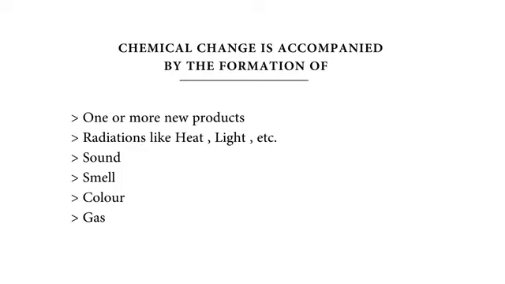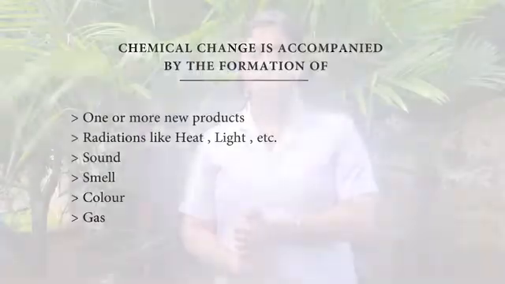Next, formation of heat energy, light energy or any form of radiation. Third, the formation of sound. Fourth, formation of smell. The last one, formation of new gases. So a chemical change is accompanied by these types of changes.